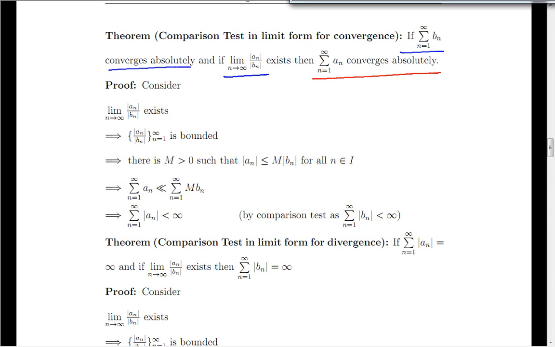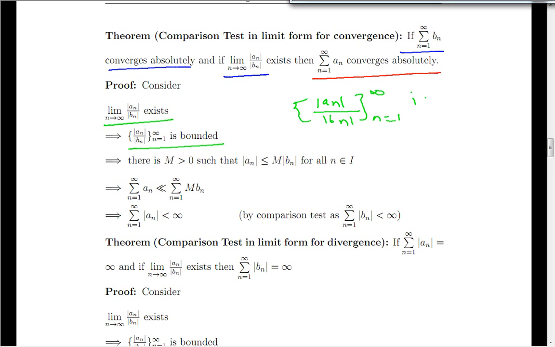We begin with the hypothesis that the limit of |an| upon |bn| exists. Hence, the sequence |an| upon |bn| is bounded.